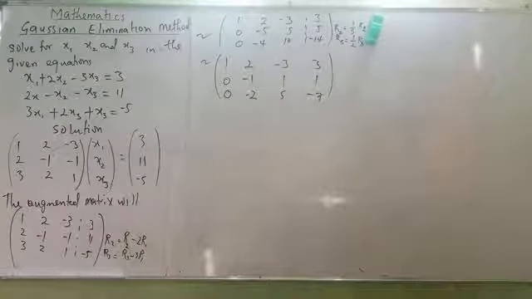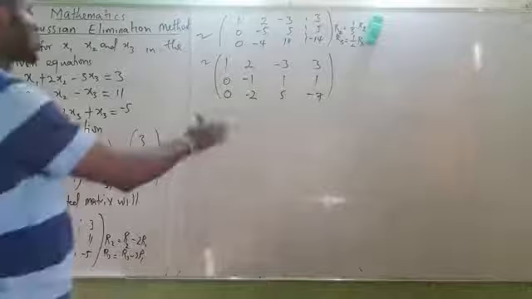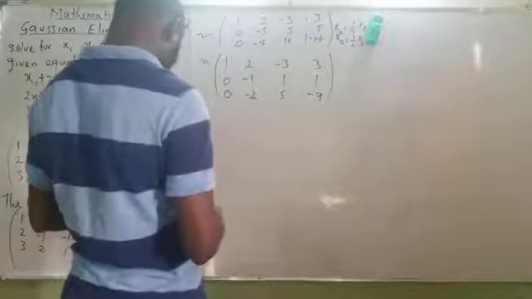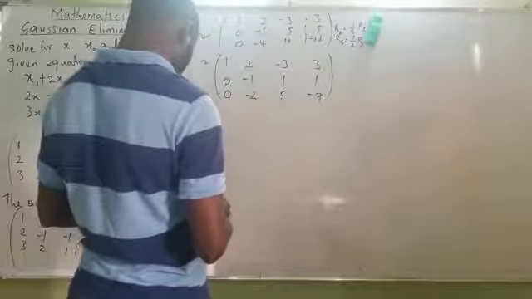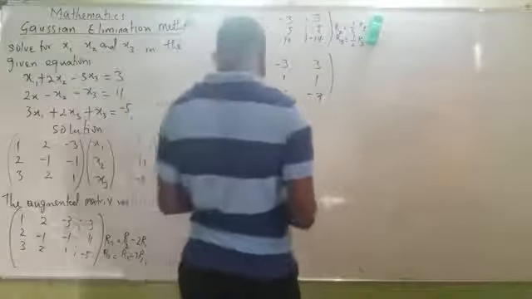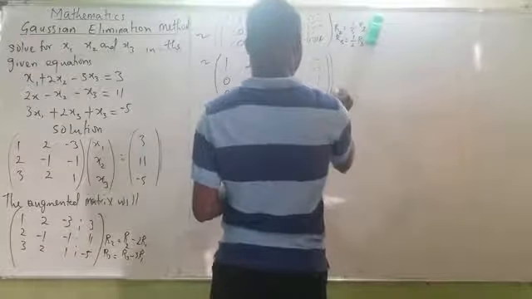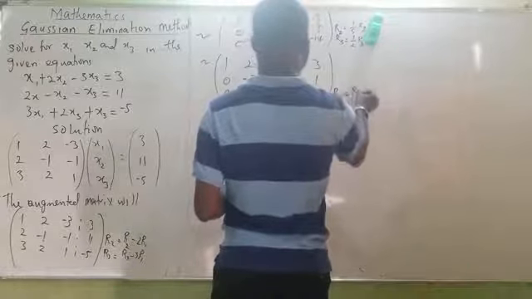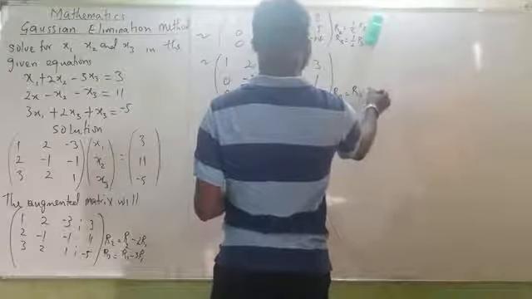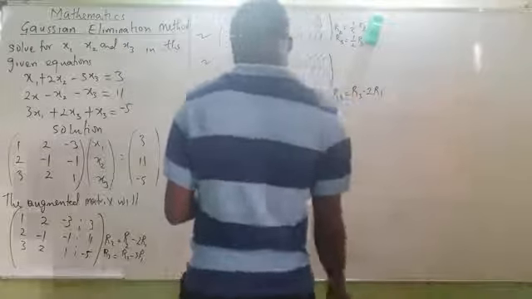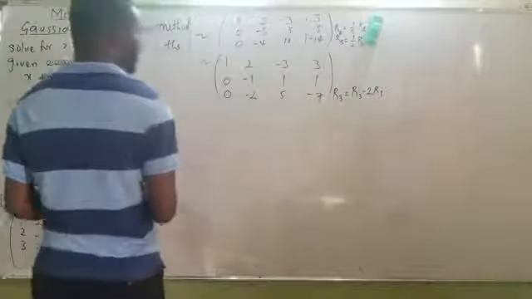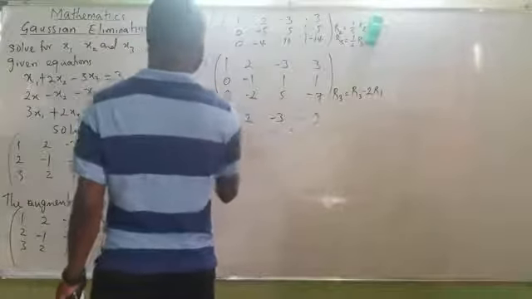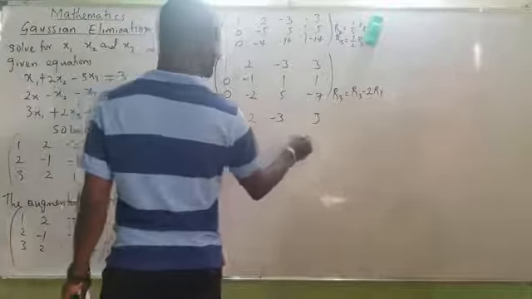Now, the next thing I will do is to turn this to a 0. What can I do to reduce that to a 0? I can say that R3 can be equal to R3 minus 2R2, which I will be having 1, 2, minus 3, and 3, 0, minus 1, 1, 1.